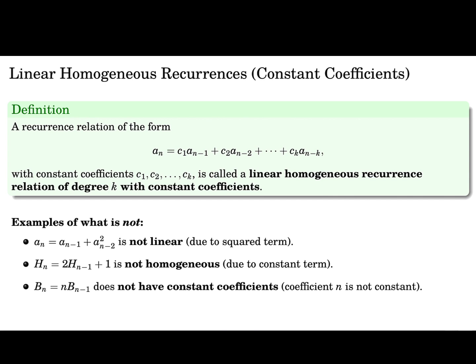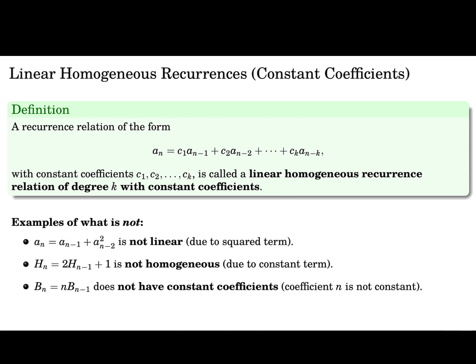You have a recurrence of the form an, and you can write an as a combination of an minus 1 plus an minus 2 plus up to an minus k, where all of these previous an's are multiplied by some constants. Whenever you can write a recurrence in this form with constant coefficients, this is called a linear homogeneous recurrence relation of degree k with constant coefficients.